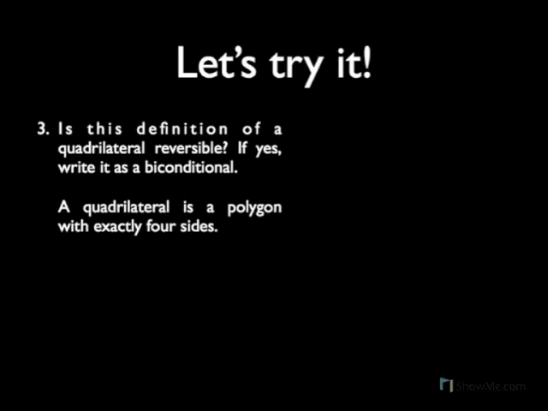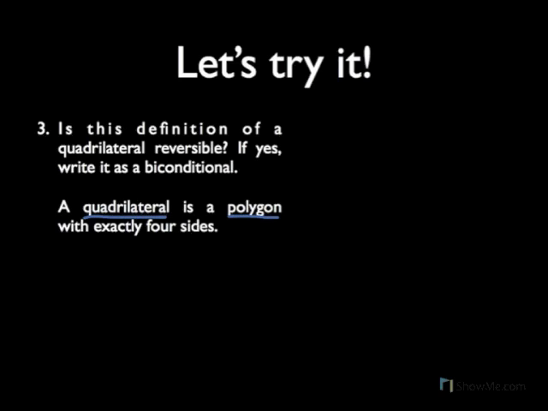So let's try this. Is the definition of a quadrilateral reversible? If yes, write it as a biconditional. A quadrilateral is a polygon with exactly 4 sides. Is this a good definition? Does it use terms that are commonly understood and already defined? Quadrilateral we already know as a 4-sided polygon.